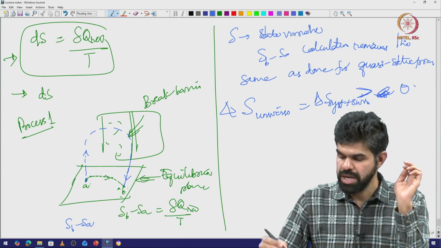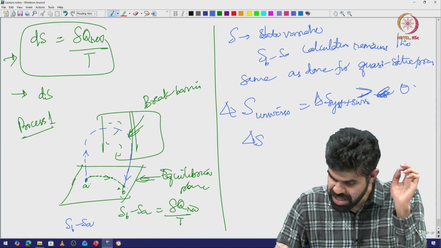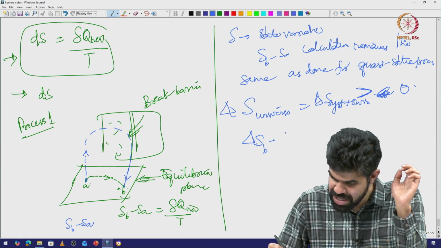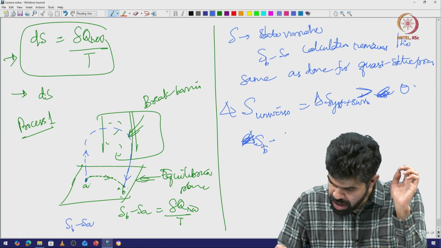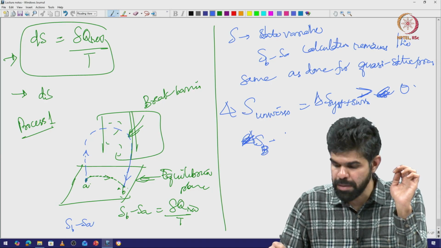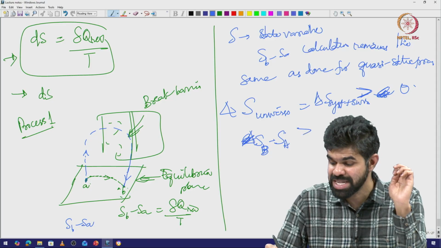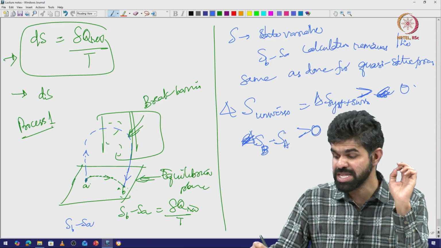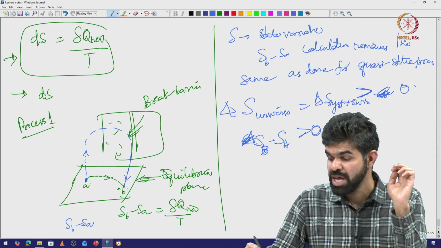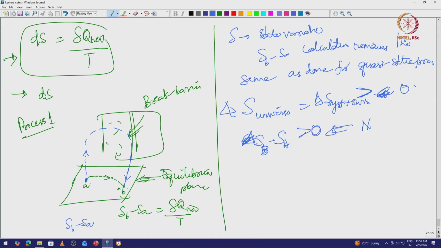So that is delta S when the total system plus surrounding is in capital B state minus S when the total system plus surrounding is in A state, that is greater than 0. This means the system is going through a non-equilibrium pathway. In other words, if dS is greater than 0, something is already happening.